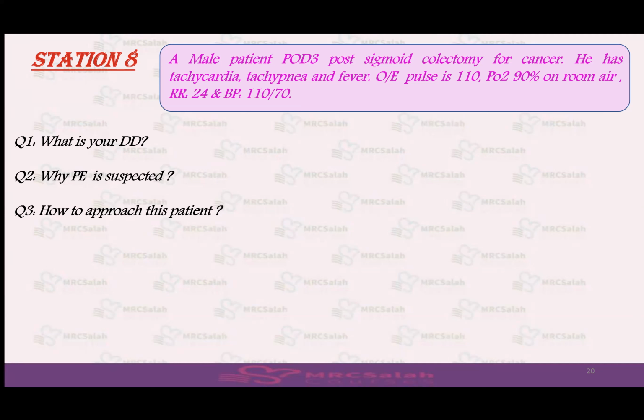Then we're going to call the ITU resident to be on standby if the patient is indicated for intubation. Then I will reassess and manage the circulation according to the peripheral warmth and capillary refill. And I will assess the patient's vitals.